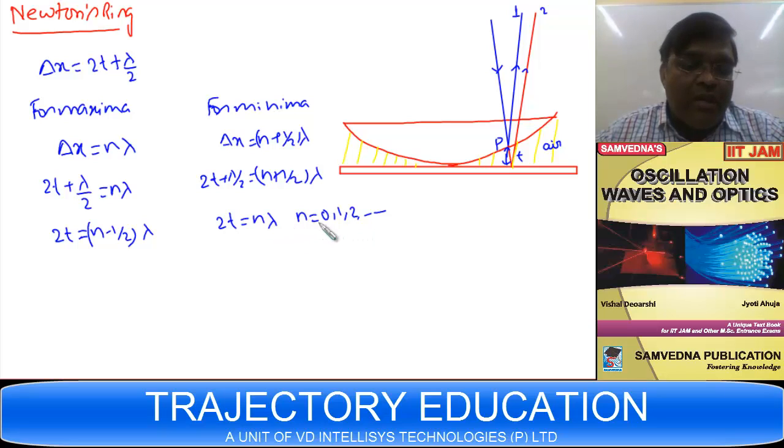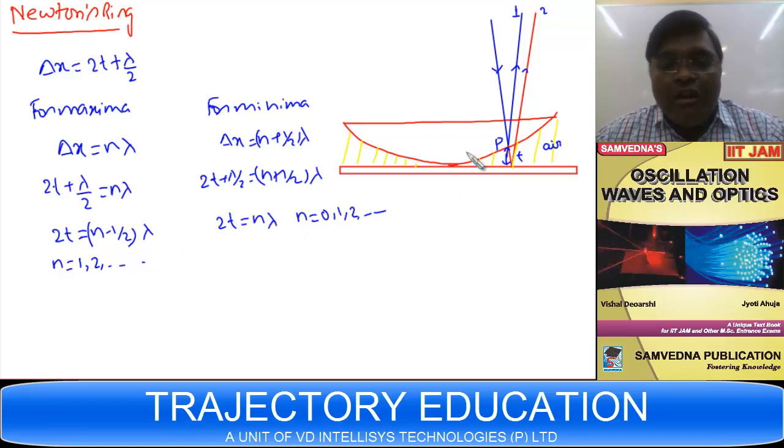Or this can be (n plus 1) lambda also, as you wish. If you write (n plus 1) lambda, then n will begin from minus 1. If you write n plus half, n will begin from 0. So you can write anything, but depending on what you write, the initial value of n will change. So this is 1, 2, 3, 4 like this.